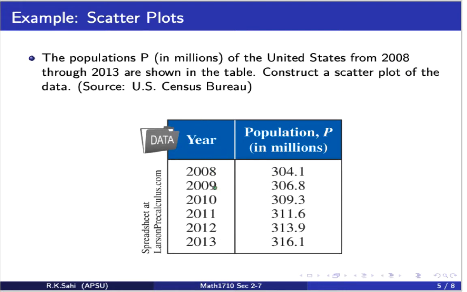This is the year, which is represented on the x-axis. And then we're going to look at the population in millions of the United States. Say in 2008, the population was 304.1 million. 2009, 306.8 million. 2010, 309.3 million, and so forth.